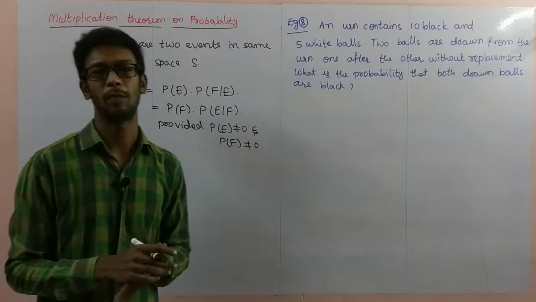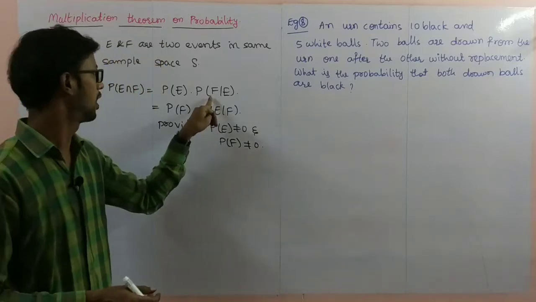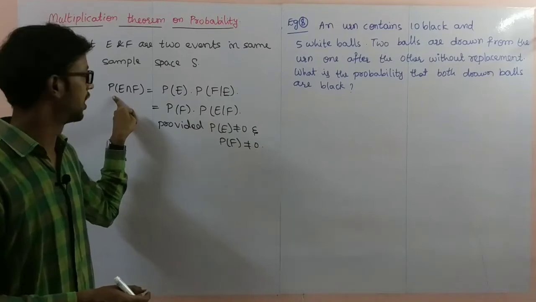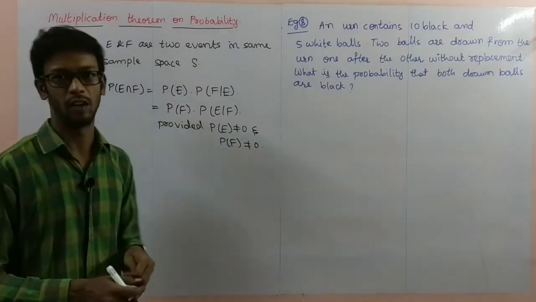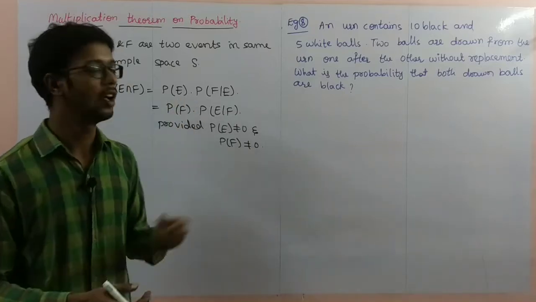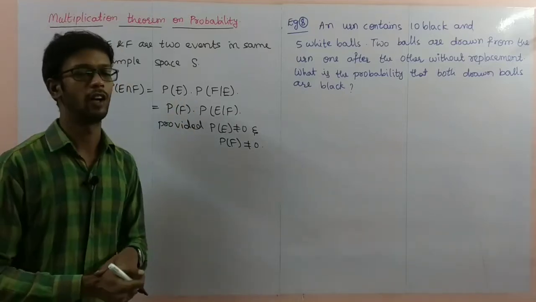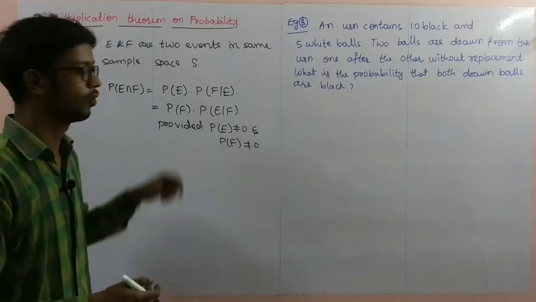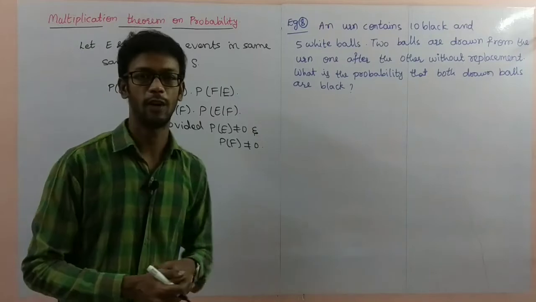By the conditional probability, probability of F by E is equal to probability of E intersection F by P of E. Sending the denominator to the right side, we get the multiplication theorem. This is the multiplication theorem on probability. By using this we can solve different problems.